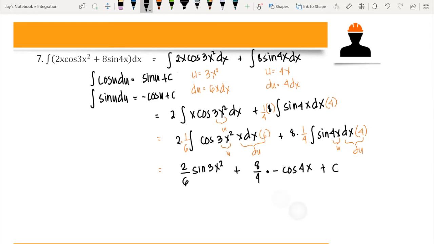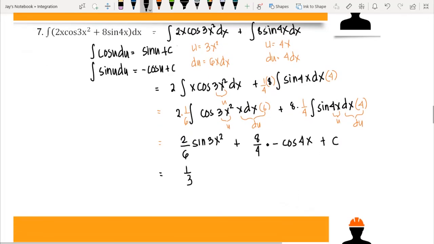Okay, simplify it further. We have 2 over 6, that is 1/3, times sine of 3x squared. Then we have negative cosine: we move the negative outside, positive times negative gives negative, then 8 over 4, that is 2, times cosine of 4x plus c.